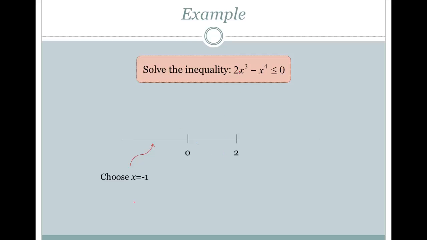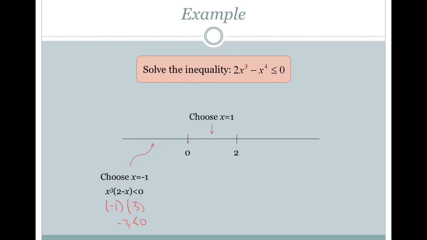If I plug in -1 up here, you should see that that's going to be true, because -1 cubed is -1, and then 2 minus -1 is just going to give me 3. That gives me -3, which is less than 0. So that's true. I satisfy on this interval over here.